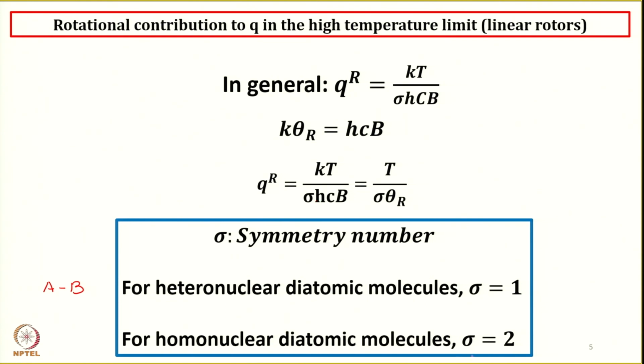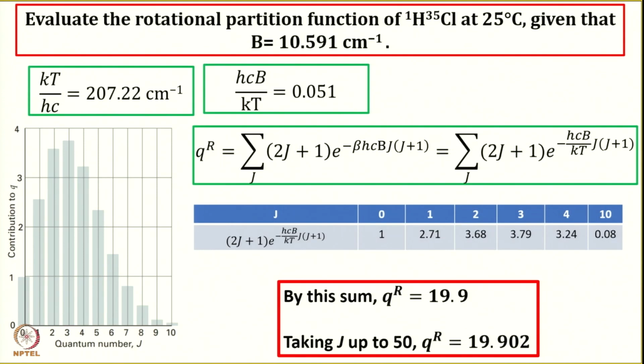For homonuclear diatomic molecules, for example Cl2, when you rotate by 180 degrees, the atoms are indistinguishable. So you require a correction factor of 2; the symmetry number becomes 2. But this is for simple diatomic molecules. What about more complex molecules? We will discuss that a bit later.